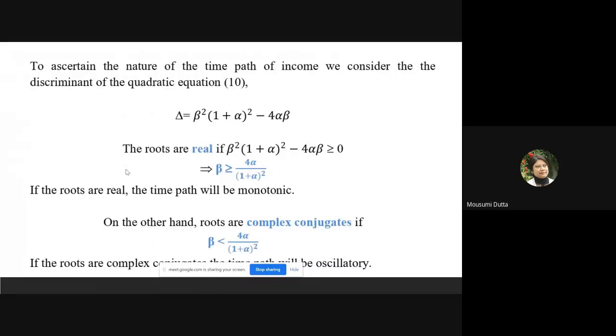So if the roots are real, that is beta square into 1 plus alpha whole square minus 4 alpha beta greater than or equal to 0, or in other words, beta greater than or equal to 4 alpha by 1 plus alpha whole square. Now, when I am considering greater than or equal to, I am considering real distinct and real repeated, both the possibilities.